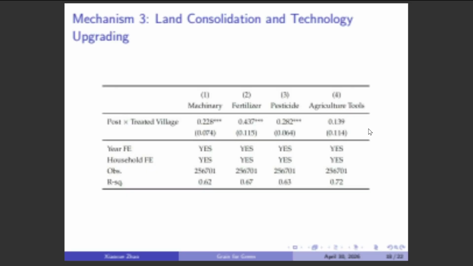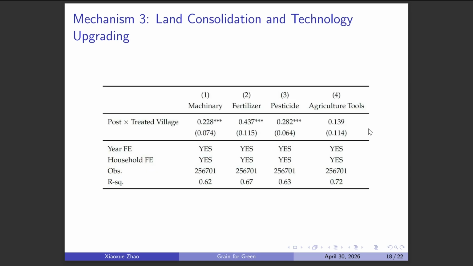To examine whether such land consolidation encourages technology upgrading or mechanization, we also examine the effects of the program on input use of the affected households, and we see that the implementation of the program significantly increases households' use of machinery, fertilizers, pesticides, and agricultural tools.